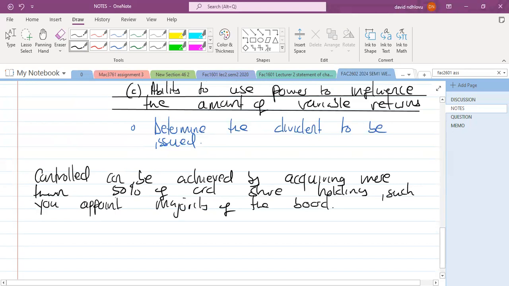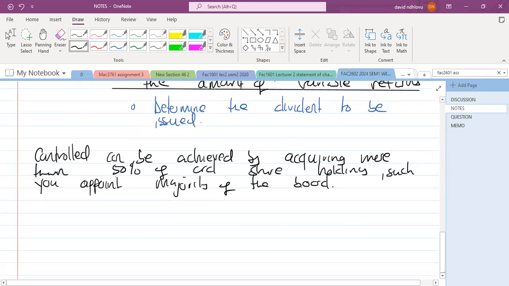Remember, the board of an entity is appointed by the people that have the right to appoint it, which will be the shareholders, and they appoint the board of directors according to the proportion of their shareholding. The one that has got more shares appoints more.